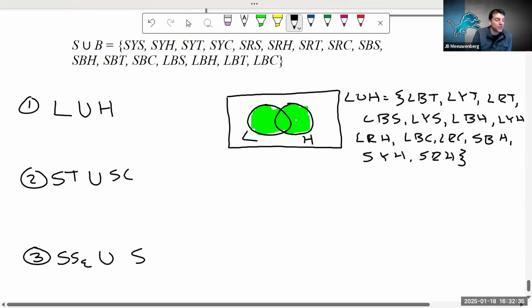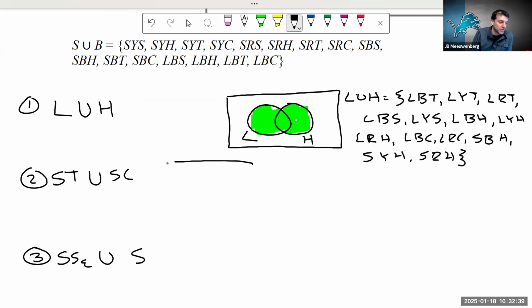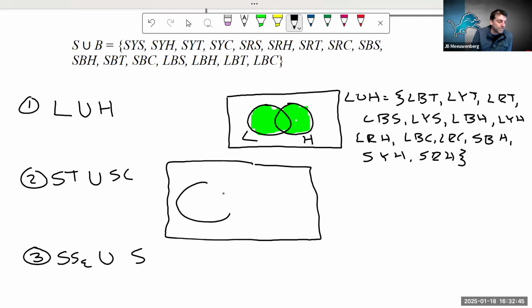For the next one, small triangles union small circles. So we make our rectangle first. If you remember from before, these sets had nothing in common. We had small triangles and we had small circles. But now we're not shading what they have in common, but just their union, like this.